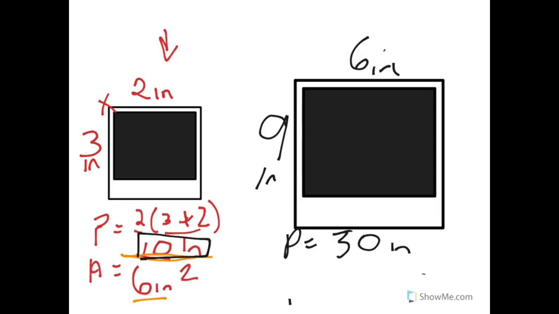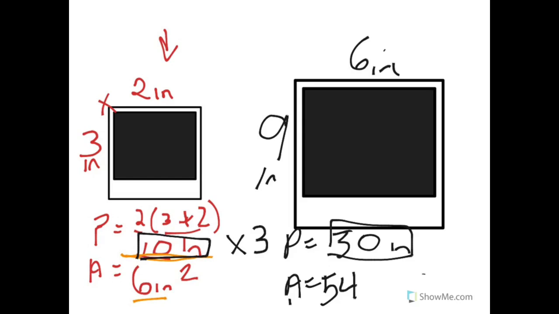Going from 10 inches on the left to 30 inches on the right, I know that that is times 3. Okay? Let's look at the area. 9 times 6 gives us 54. That's not times 3 below, right?